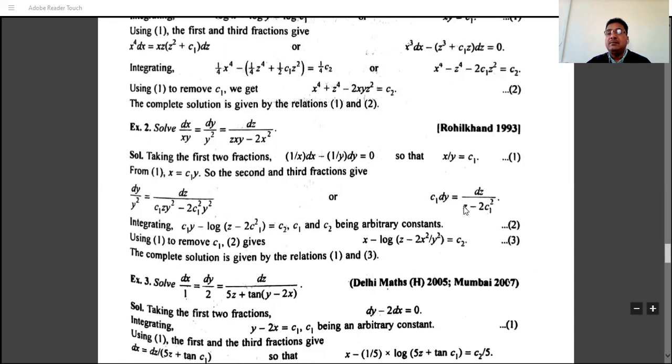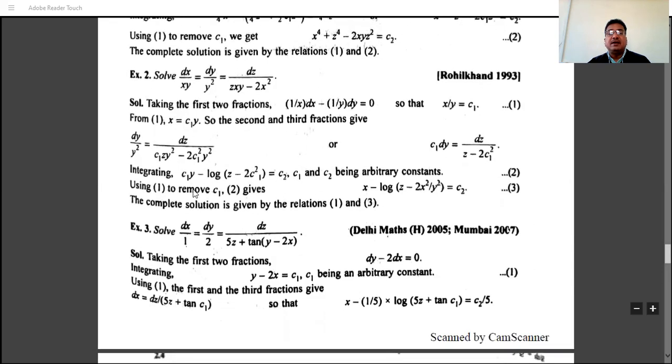The rule is what? 1 by ax plus b. So a is 1, z x means z, and this minus 2 c1 square is a constant quantity. So log z minus 2 c1 square divided by 1, the coefficient of z, is equal to c2. And this is the second solution.